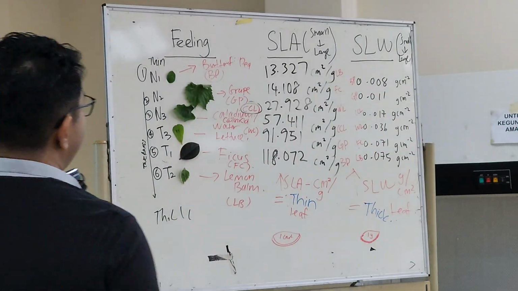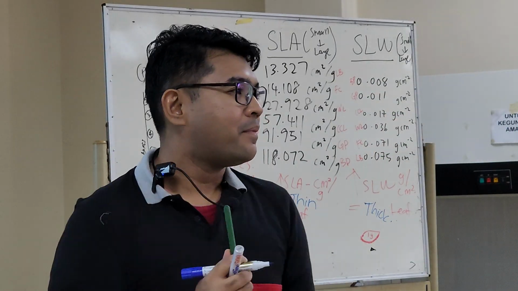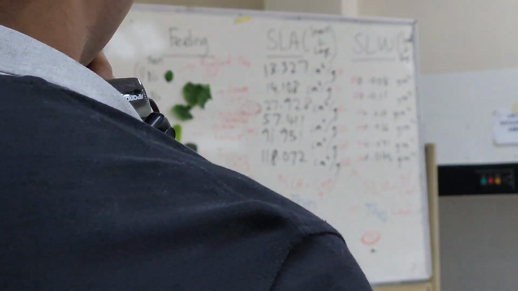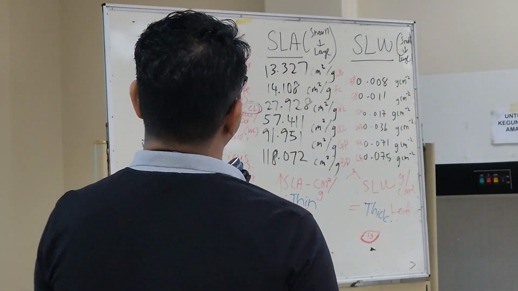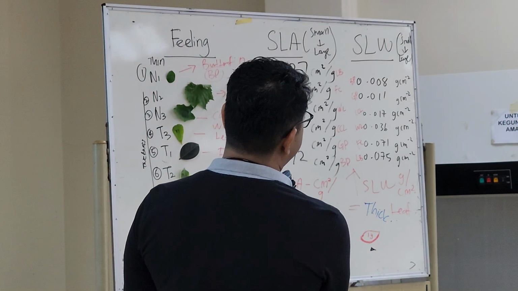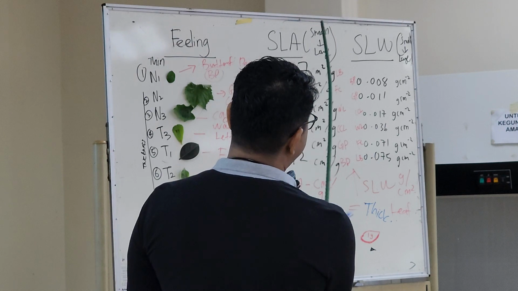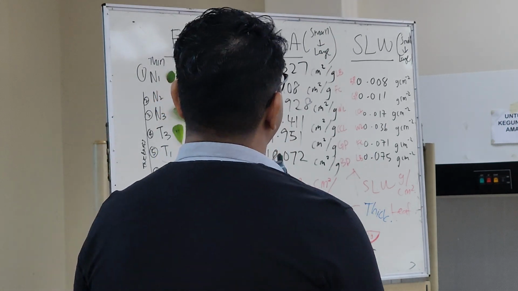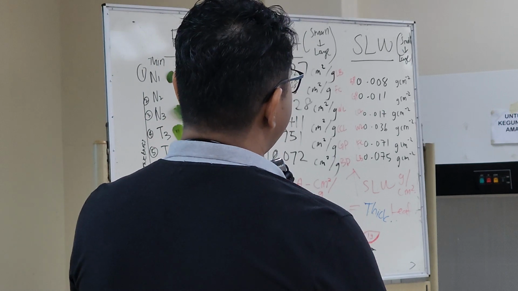Okay. Do they look the same? Number one, if based on feeling, is butterfly P. So based on this, who's the thinnest? Butterfly P. What about SLW?